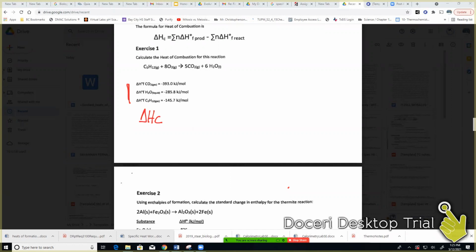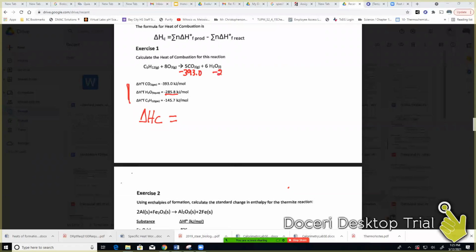What I like to do, and then we'll work it a couple of different ways, is sometimes take my values and jot them down under here. So I have CO2. CO2 is negative 393.0. My water as a liquid, and water is one of the ones that comes as liquid, gas, and solid, so they all have different values, so make sure you get the right phase.